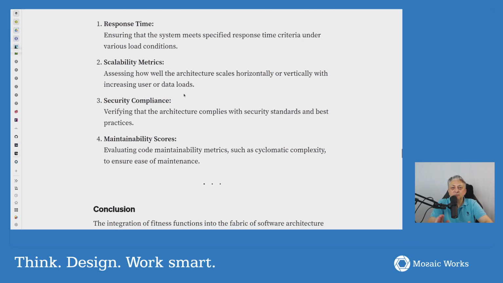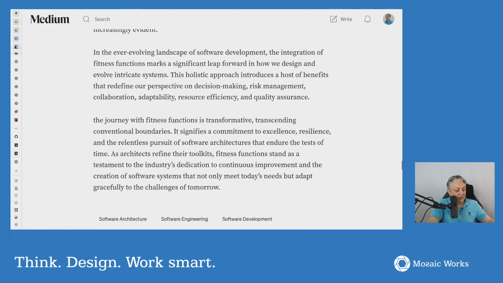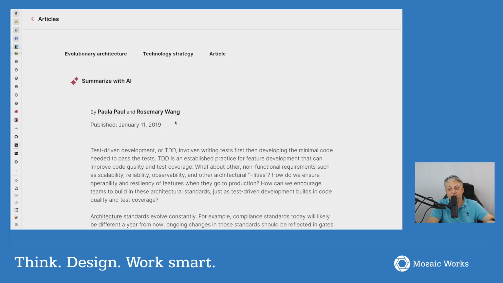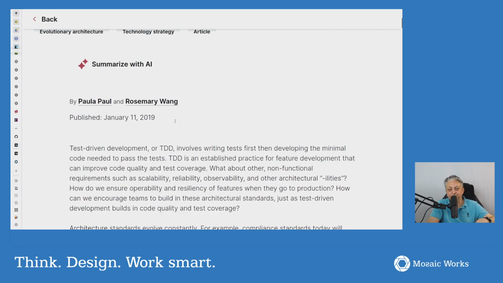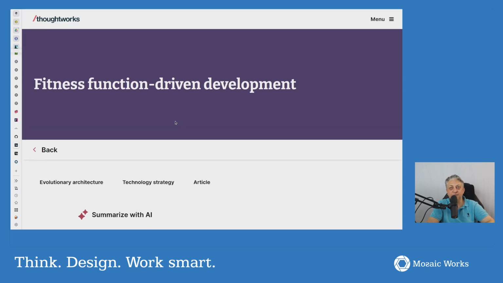Scalability, so how many users, how many requests does it support? Security and maintainability. And now let's look at a very interesting second article, which is from ThoughtWorks, and it's called Fitness Function Driven Development.